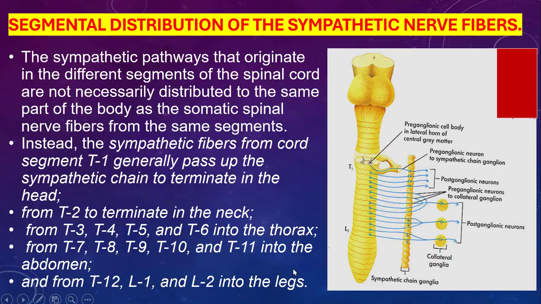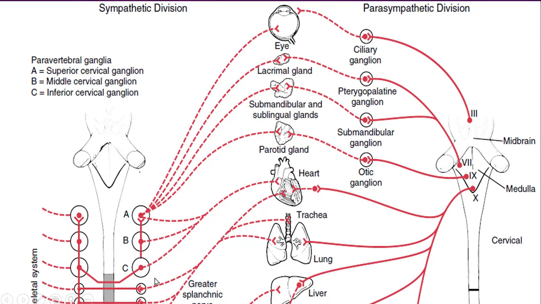Here you can see that from T1 the supply is to the superior cervical ganglia, middle cervical ganglia and inferior cervical ganglia. And these ganglia then supply structures in the head: the eye, the lacrimal gland, the submandibular and sublingual glands, and the parotid glands.